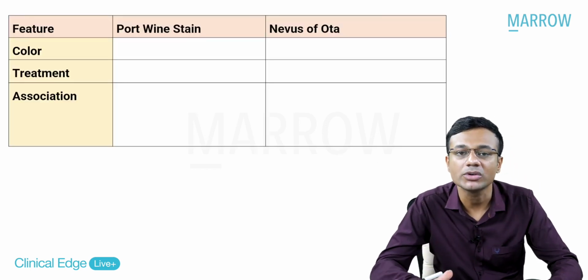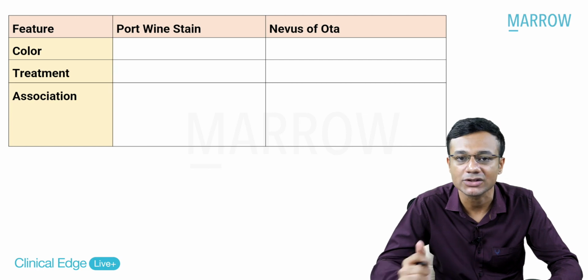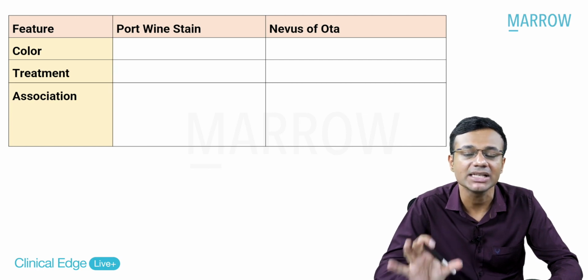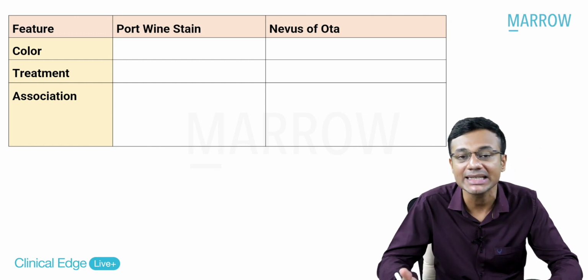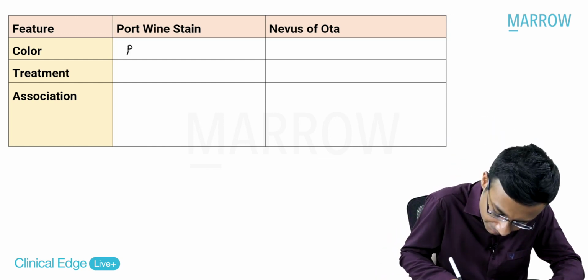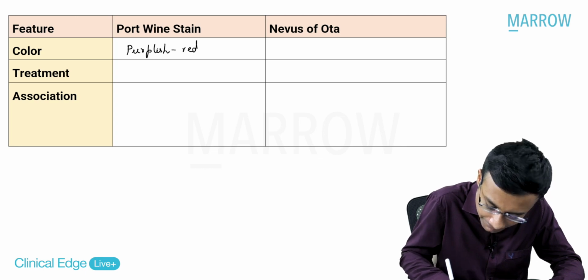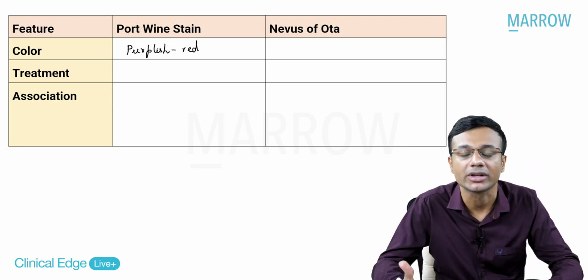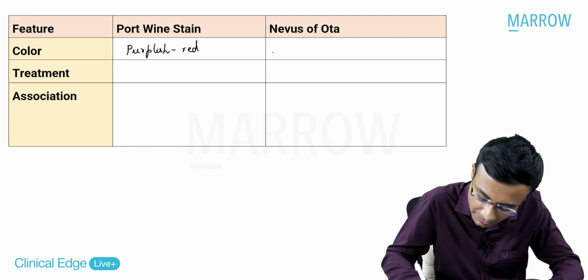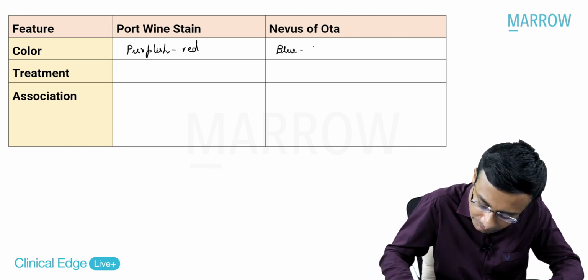Now let us see how to distinguish between port wine stain and nevus of Ota. Number one is color. So please remember, students, the most important thing in dermatology is color. The color of port wine stain, as the name says, is purplish red. Nevus of Ota is a ceruloderma, that is, it is a blue color lesion, blue to slate gray.